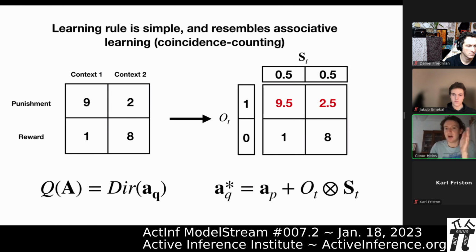So if you saw an observation, but you weren't sure what the hidden state was, then the overall probability of seeing punishment under your generative model would go up, because you would increment that entire row of the A matrix by 0.5. So that's an important thing to note: uncertainty in your own hidden state beliefs will bleed into the updates to the Dirichlet parameters.